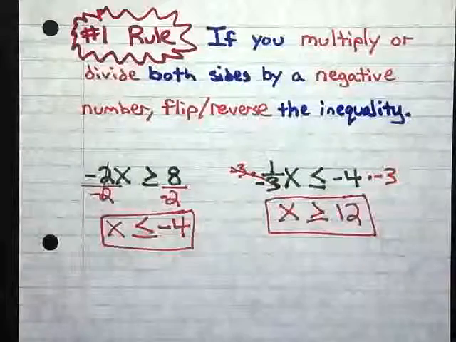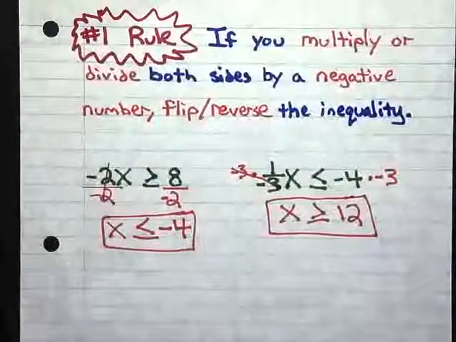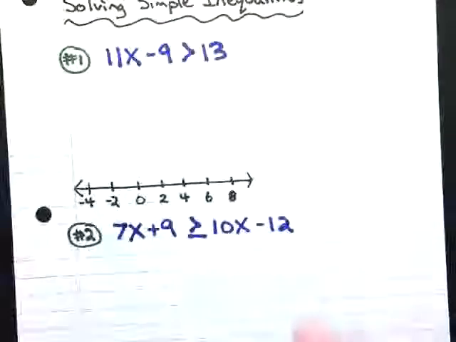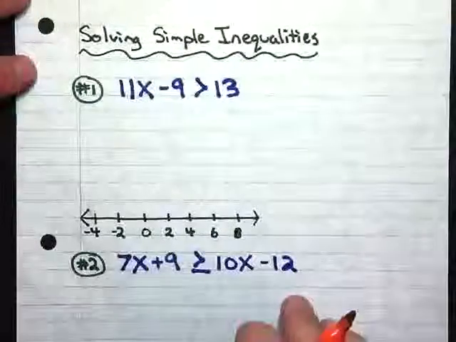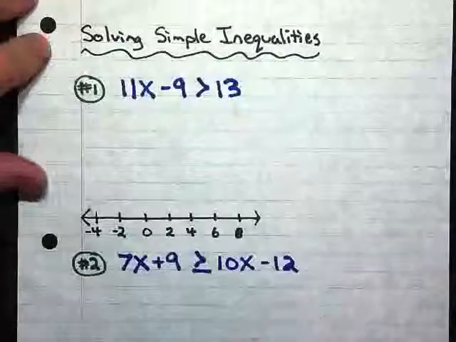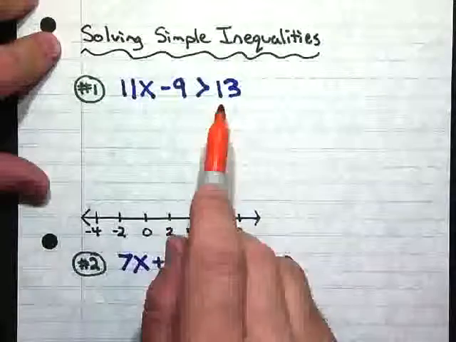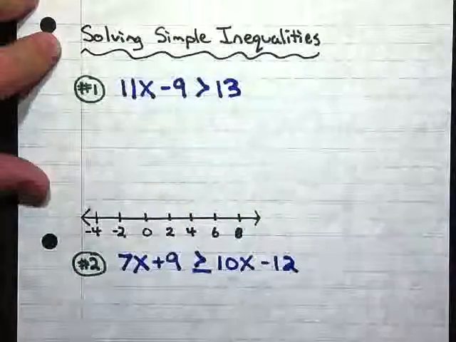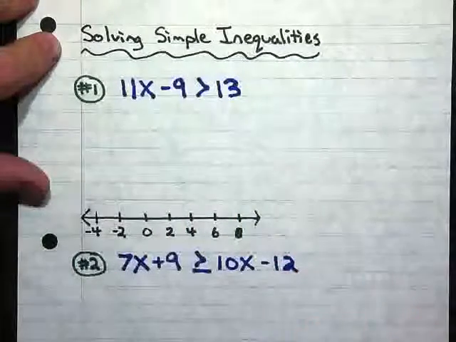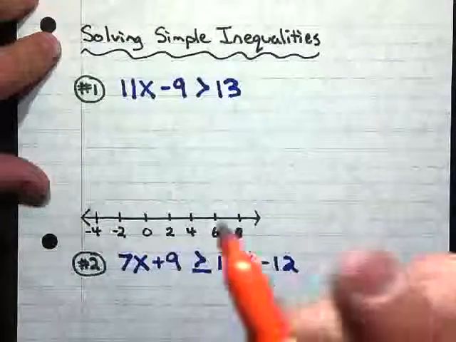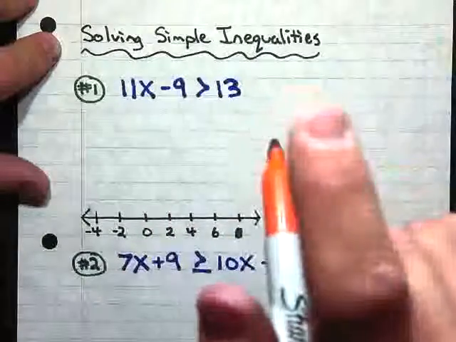All right? So let's go ahead and take a look at a couple simple linear inequalities and how we would actually solve these. For our first problem here, we have 11x minus 9 is greater than 13. Now, remember, we solve them just like we do a regular equation, except for our rule of multiplying and dividing by a negative number.